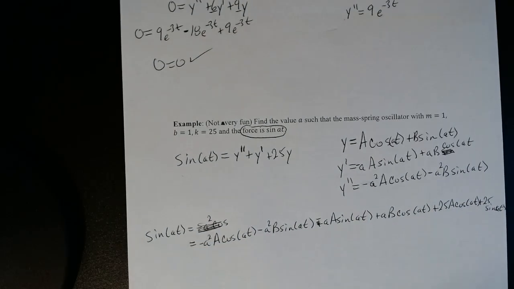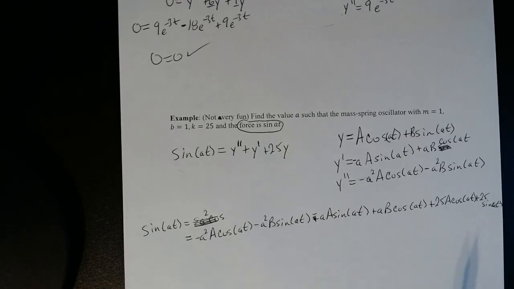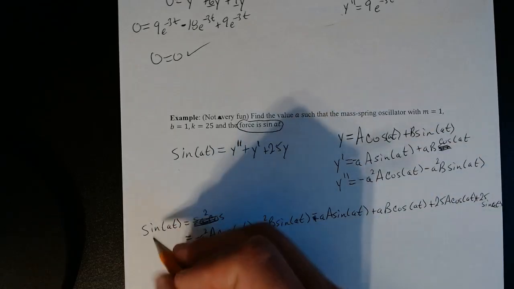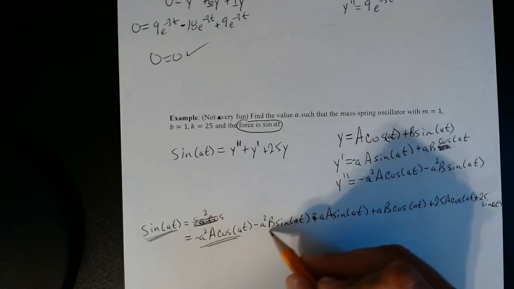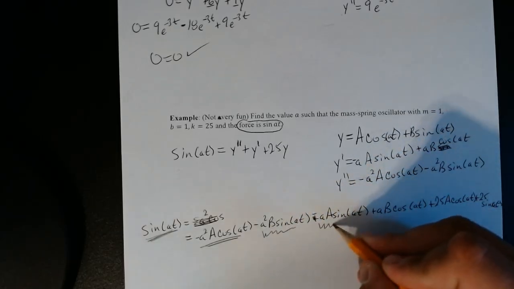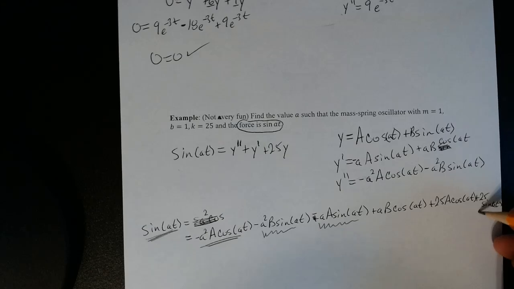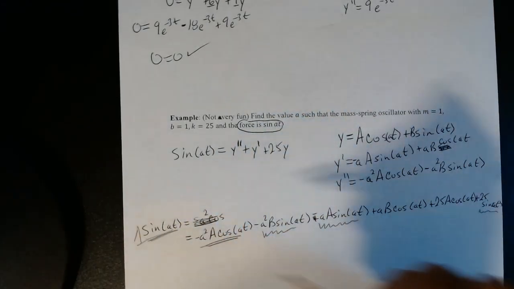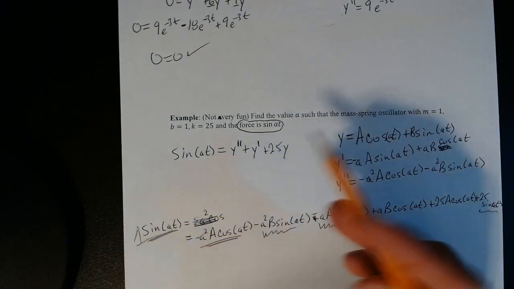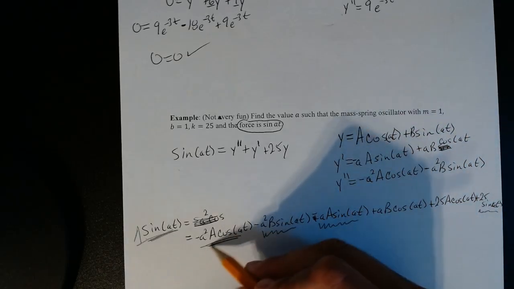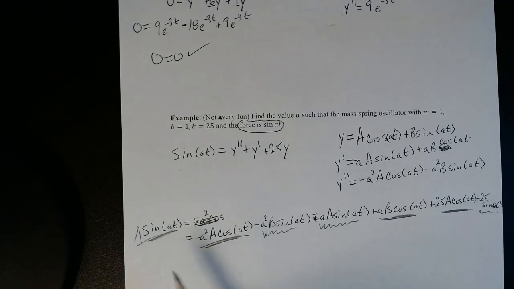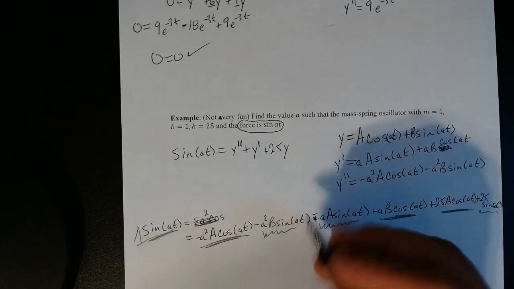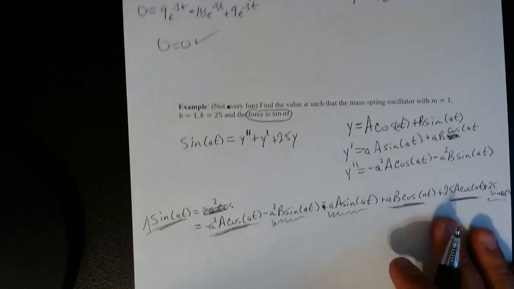Oh boy. Now, this is kind of the same process as when you do partial fractions, where you want to set everything equal to what it's supposed to. Since we're dealing with just sine, pretty much all this is equal to 0. And the addition of these individually equals 1, so that's the number in front of sine, and the number in front of the cosine will all just equal 0. So this plus that will equal 0, while the other ones will equal 1. Knowing that aspect, it breaks this down a little bit.